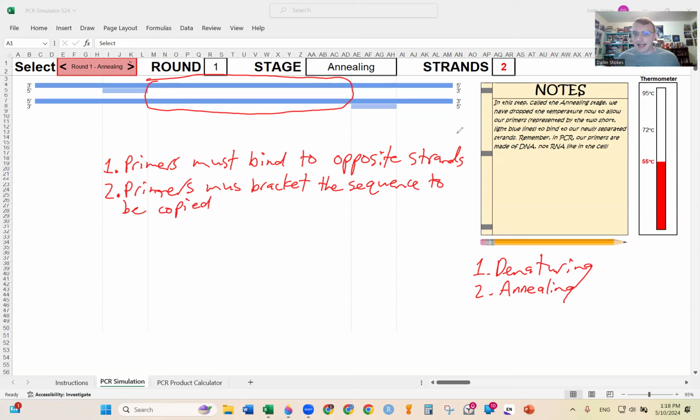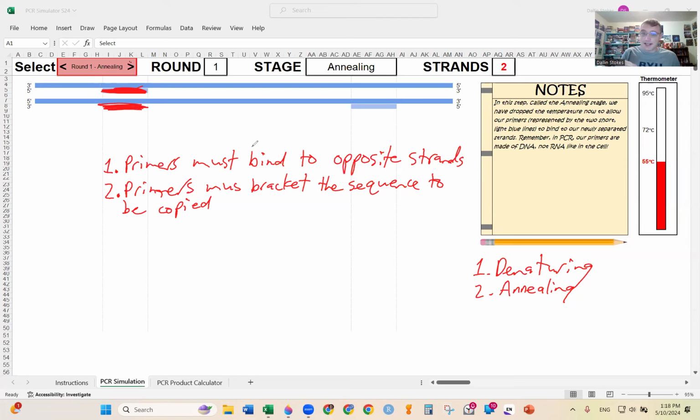Another way of saying that is your primers can't stick in the same spot. For example, if I design my primers so that one of them bound right here and the other one bound right here, I'm passing rule one. I've got them binding on opposite strands.